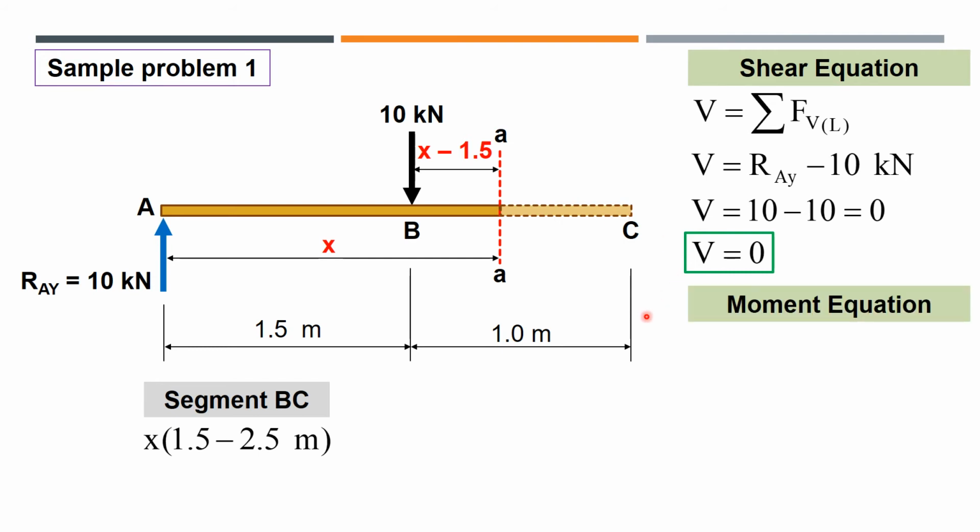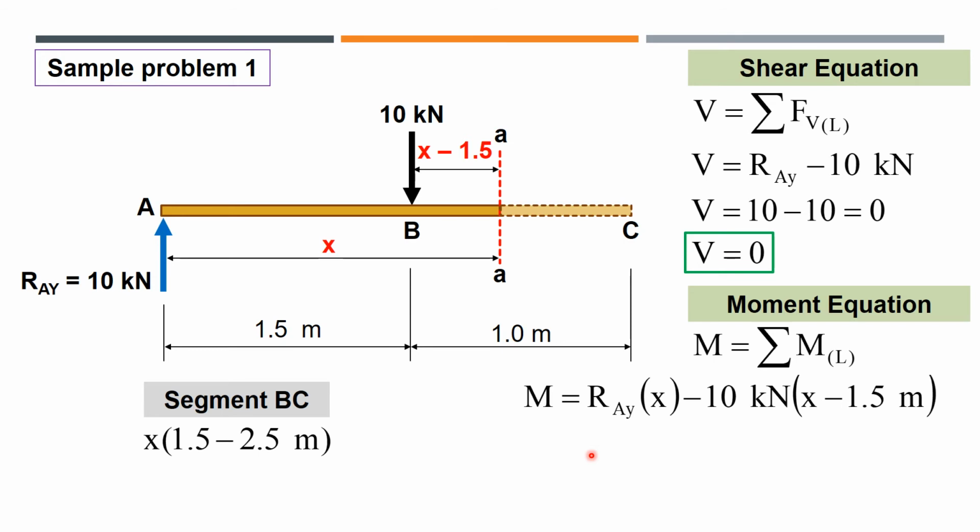Then for the moment equation, since dito sa distance x again, itong dalawang vertical forces na yan, ang nasakop ng x, so yan ang magkikreate ng moment about this point. So you will just sum up the moments created by the two vertical forces. So we have RAY with moment arm of x in clockwise direction, so positive.